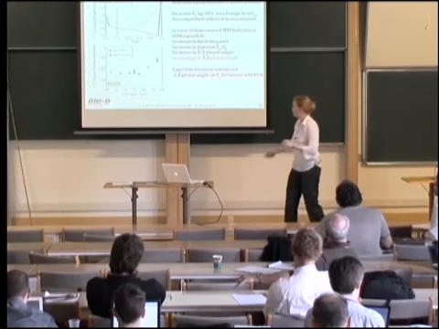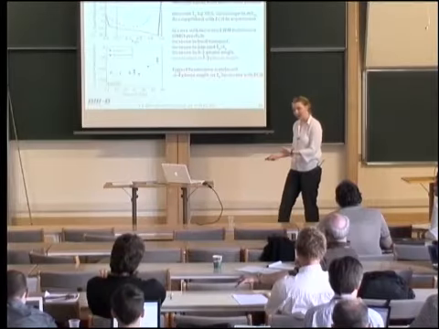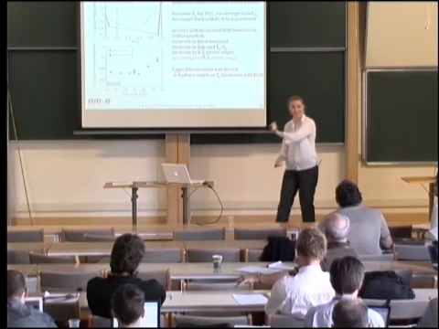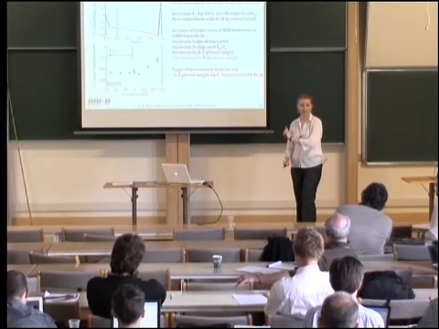But what's interesting about that is these cases we used to make the prediction ahead of time had this very good agreement between the linear cross phase and the nonlinear cross phase. But when we did the nonlinear calculations for the actual experimental discharges, there was disagreement between the linear and the nonlinear cross phase.